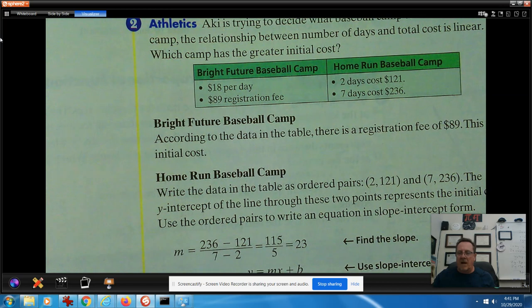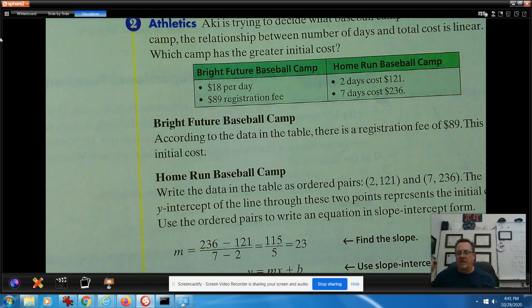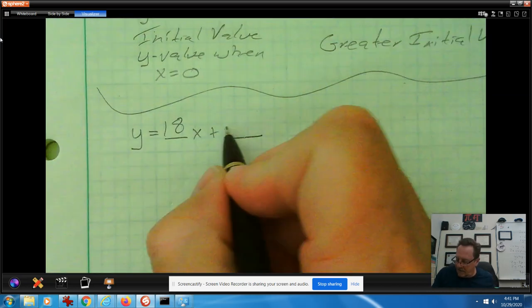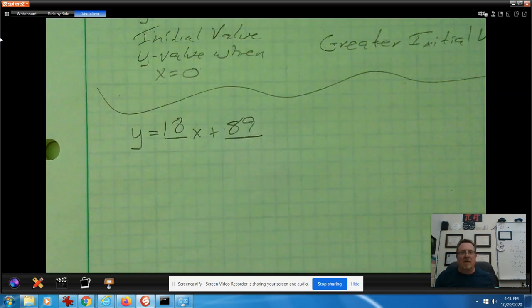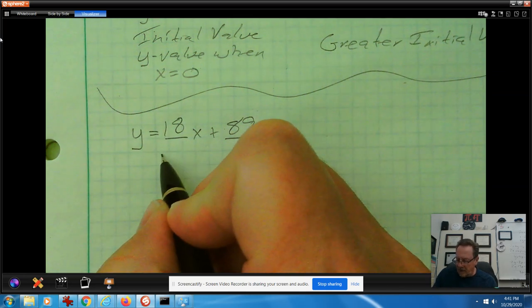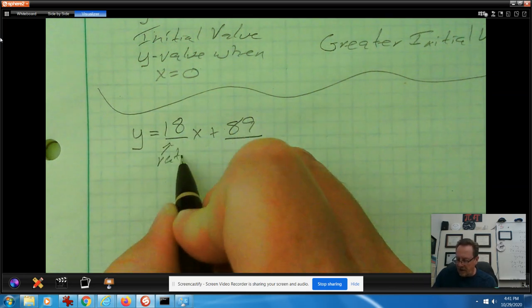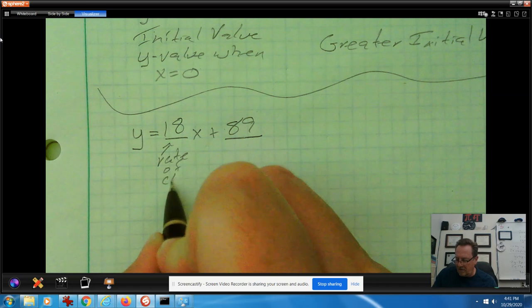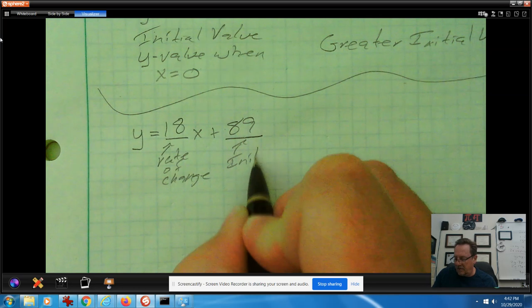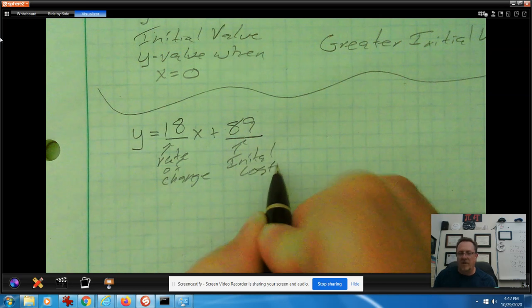So before I even start, and I haven't even gone to the camp yet, there's an initial cost, right? An initial value. And that's going to be $89. So that goes here. So now I know that this is my rate of change. And this is my initial cost for the function, right?